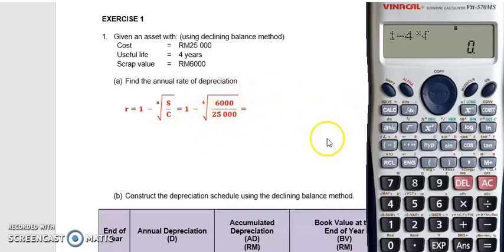So if you divide first, you need to open a bracket: 6,000 divided by 25,000. Then don't forget to close the bracket. Then press equal, and you get 0.3, equivalent to 30%. So this is calculator MS.